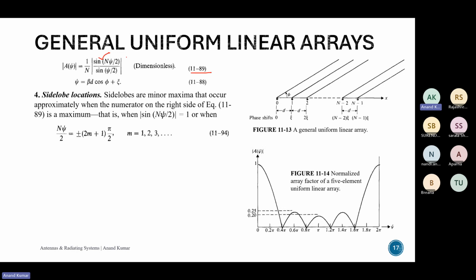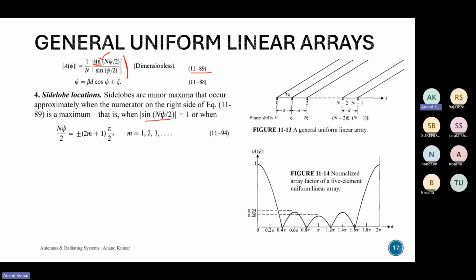The main beam direction was when this entire expression was maximum, while the side lobe is when only the numerator is maximum. When the numerator is 0, we have the null locations, and when the numerator is maximum, we have the side lobe locations.